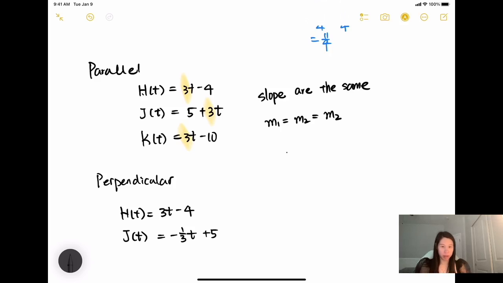So what's special about this slope? If the product of the slopes equals negative 1, that means they're perpendicular.